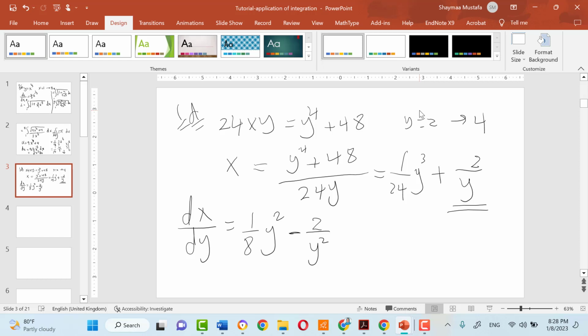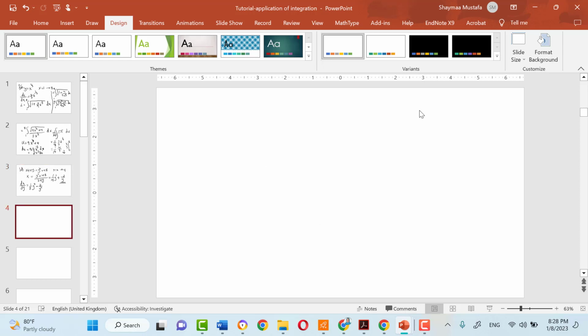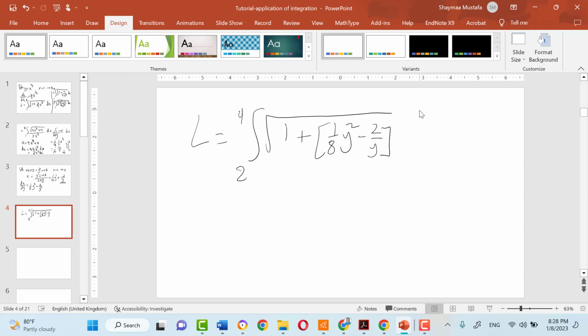We need now to calculate the length. To calculate the length, we have to integrate, with y changing from 2 until 4, the square root of 1 plus dx over dy squared, which is 1 over 8 y squared minus 2 over y squared, dy.